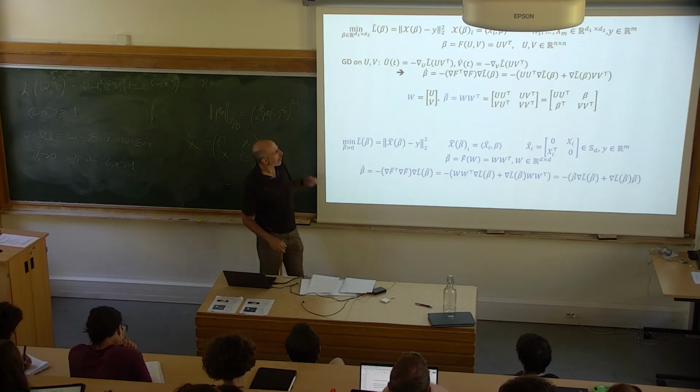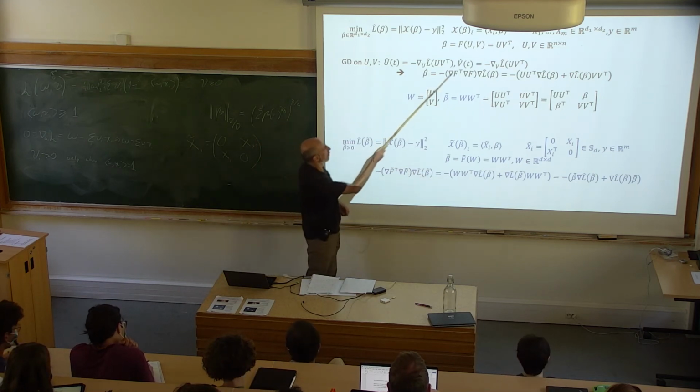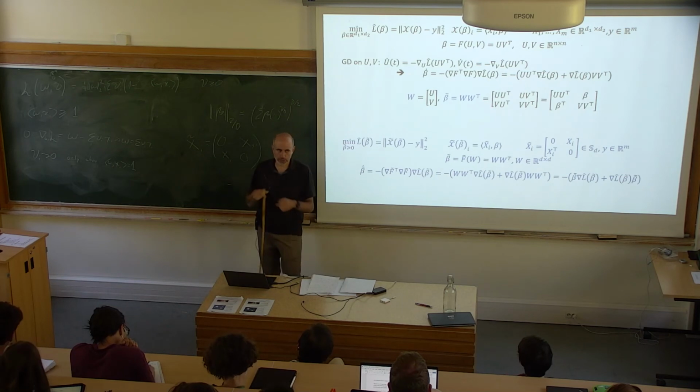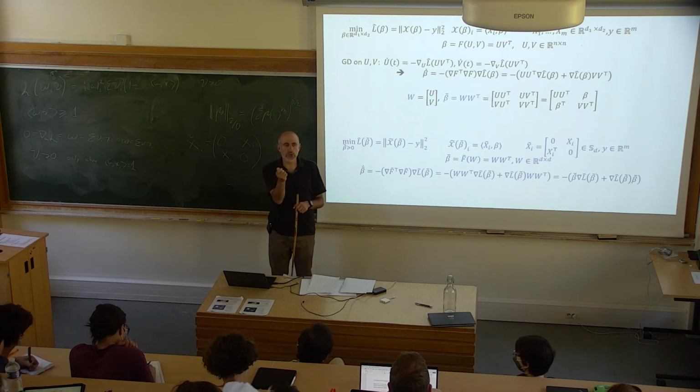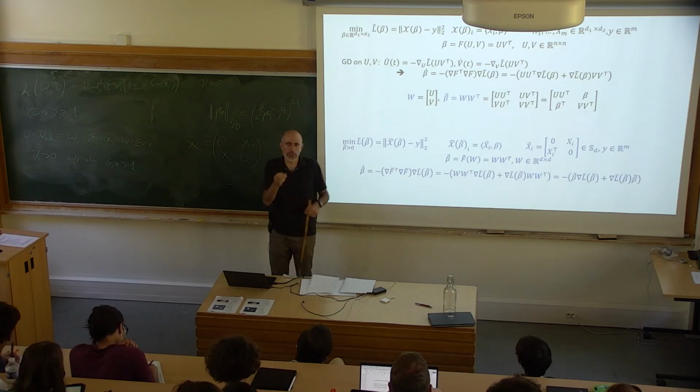In other words, the inverse metric tensor we had before, what controls where I'm searching, is just a function of where I am in parameter space.